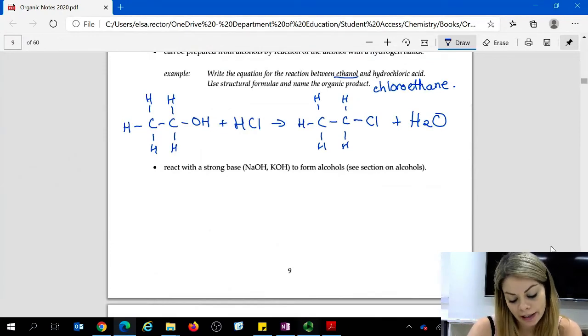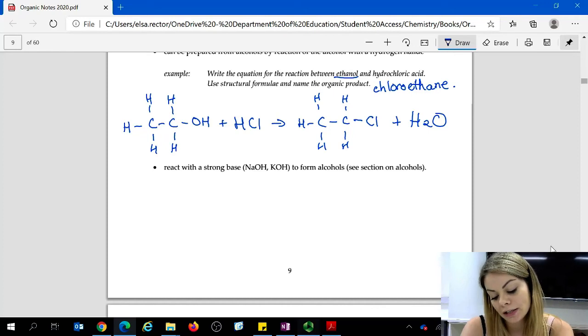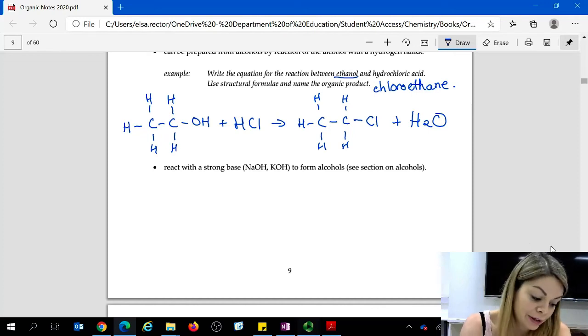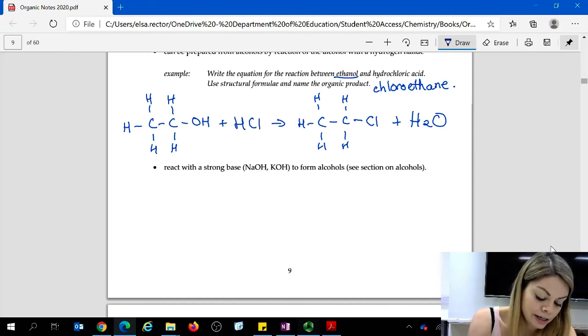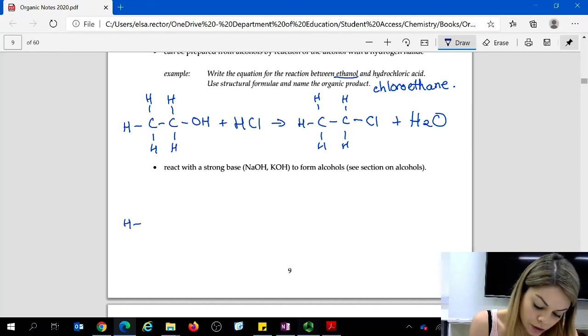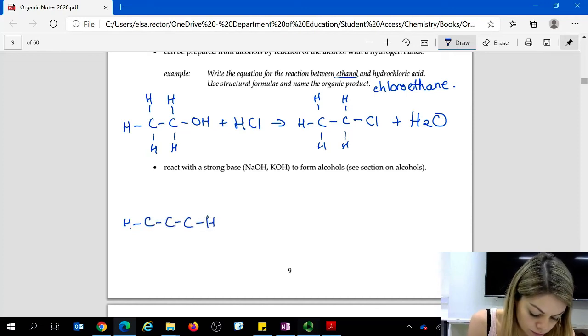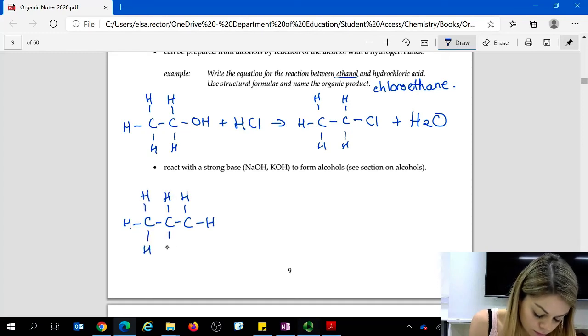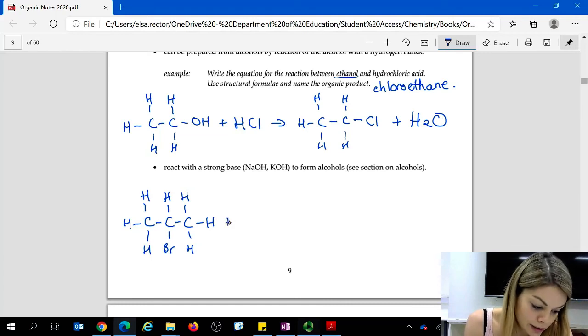Another property of alkyl halides is that they will react with a strong base to form alcohols, which again, we haven't covered alcohols. That's next lesson, but let's have a look at what that looks like anyway. So let's look at 2-bromopropane. Okay, we'll react that with a strong base, like sodium bromide.